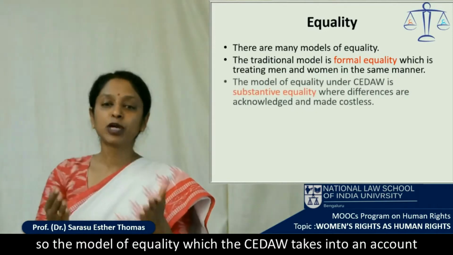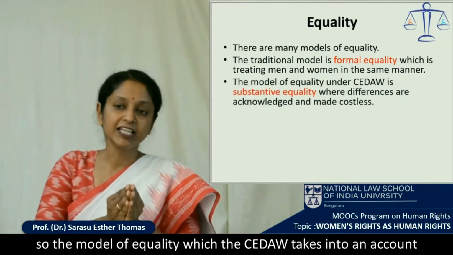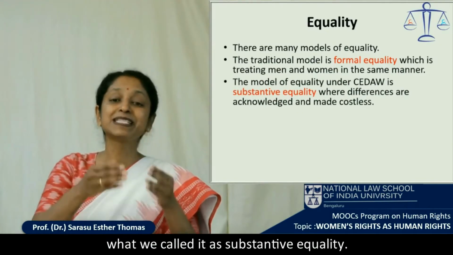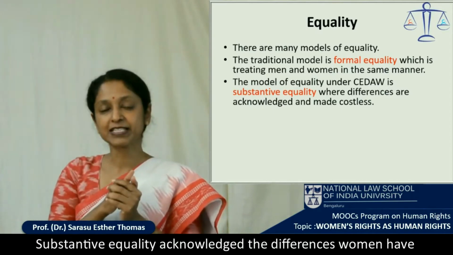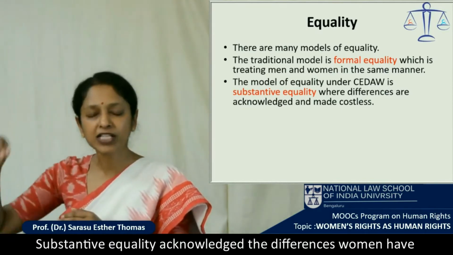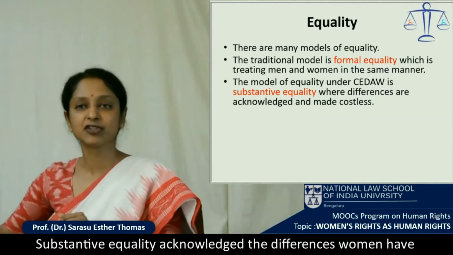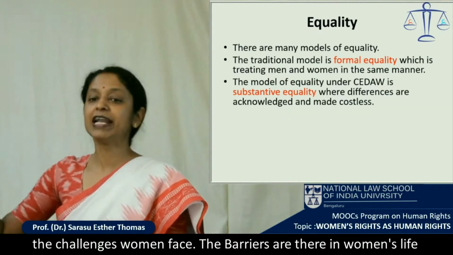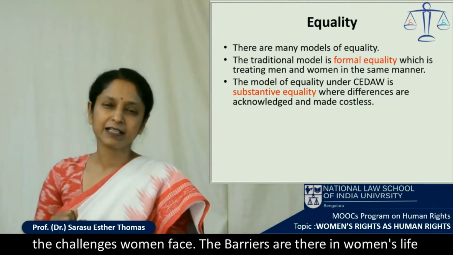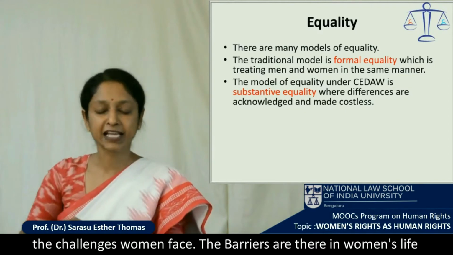So the model of equality which the CEDAW takes into account is what we call substantive equality. Substantive equality acknowledges the differences that women have, or the challenges that women face, the barriers that are there in women's lives.